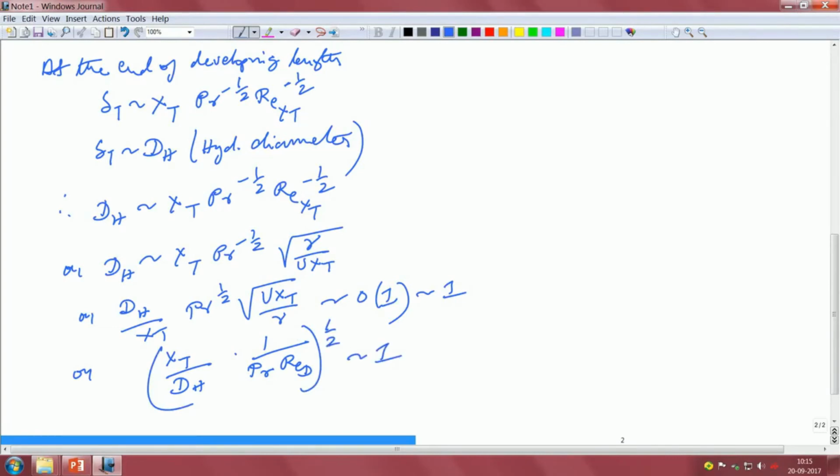So, that is what you have over here. This is very important because we will use this length scale very shortly. How we will use it, we will see.